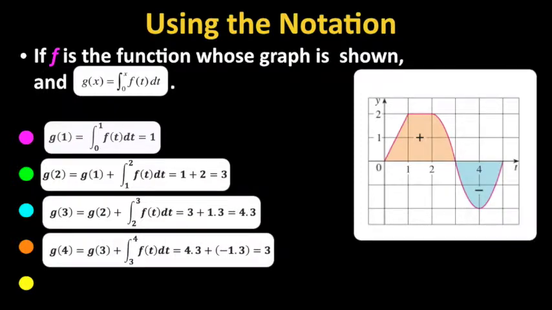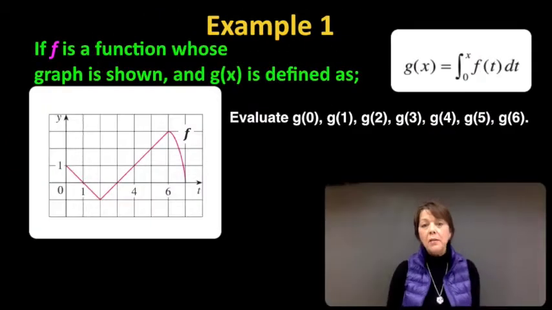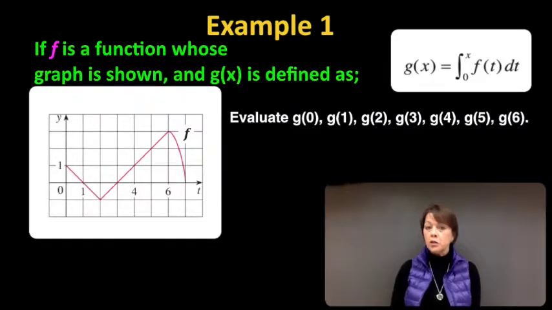G of 4 equals g of 3 plus the integral from 3 to 4 and has a value of 3. And g of 5 equals g of 4 plus the integral from 4 to 5 and has a value of 1.7.